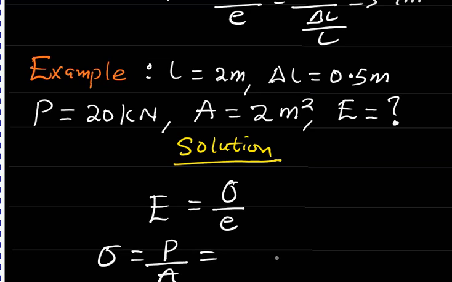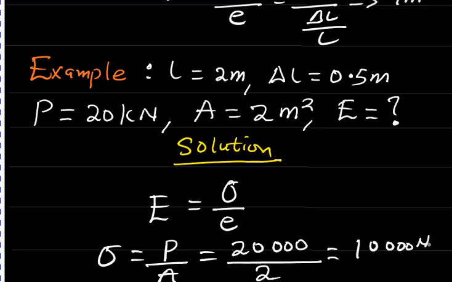So that is 20 kilonewton, which is 20,000 newton, divided by the area, 2 meters square. If we divide 20,000 by 2, we have 10,000 newton per meter square.